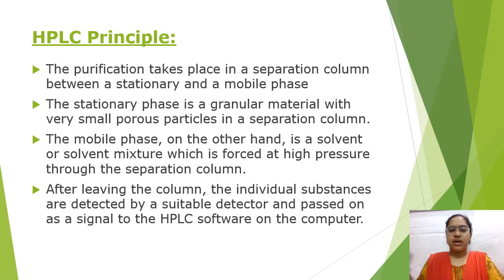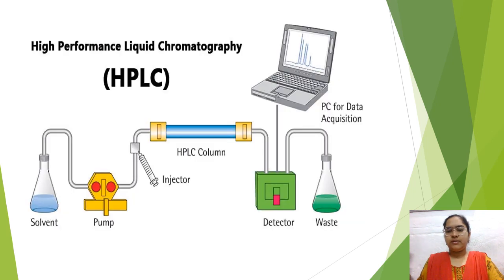The mobile phase, on the other hand, is a solvent or solvent mixture which has movement. After leaving the column, these substances are detected by a suitable detector, and the detected signals are passed on. So if we look at here, this is the HPLC.